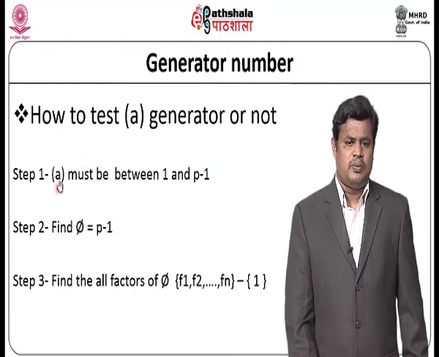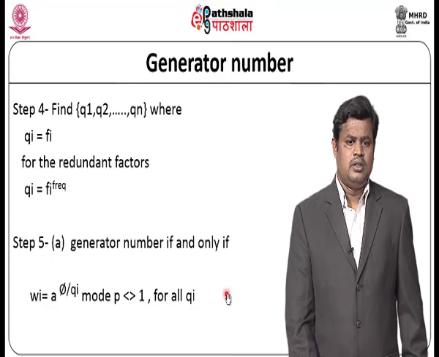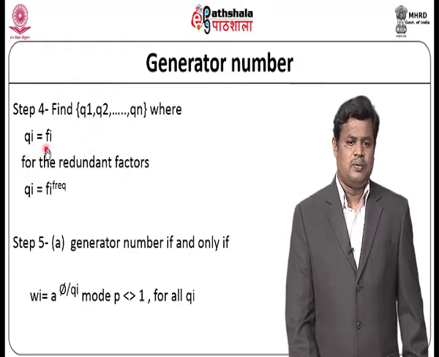First step, we select a value between 1 and p minus 1, and then we find phi equal to p minus 1, and we find all the factors of phi, f1, f2 up to fn. Then we find q1, q2, up to qn, where qi is equal to fi for the redundant factors.